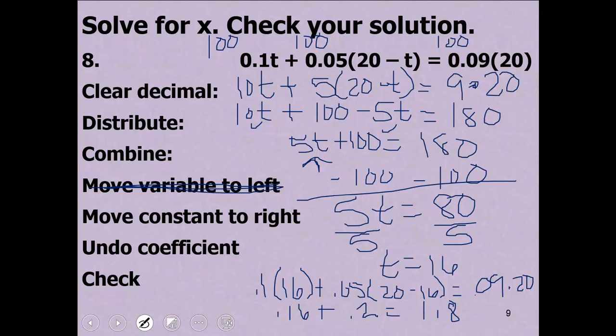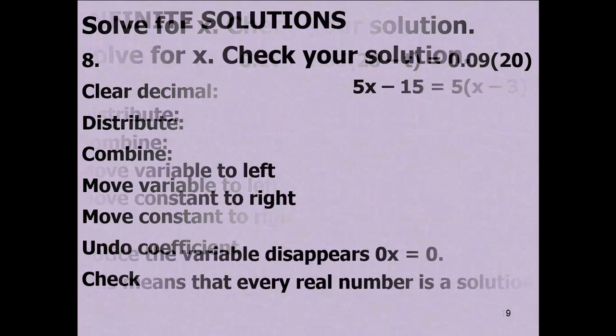And this should be not 0.16. I'm sorry, this should be 1.6. My bad. Right? So when I add these together, I get 1.8 is equal to 1.8. Squeeze that check in there, didn't I? Here's my solution. Here's my check. We're getting close. Maybe we're done.